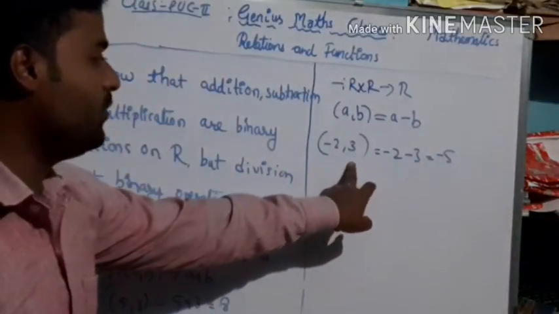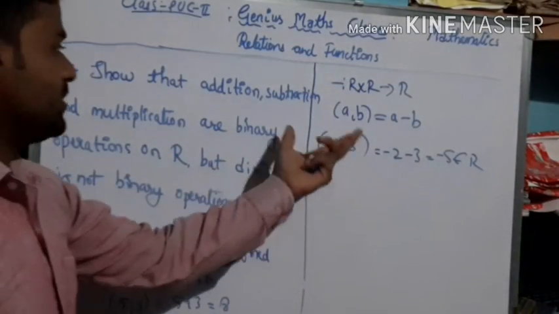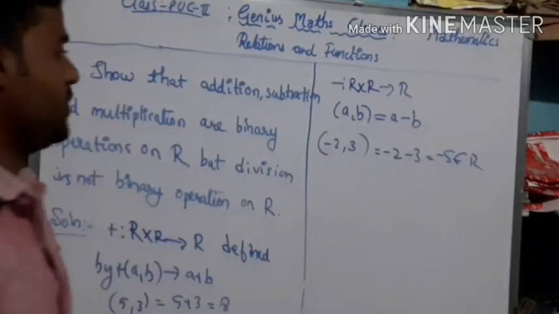Minus 2 belongs to R, 3 belongs to R, and the resultant element minus 5 also belongs to R. That is why subtraction is also a binary operation.